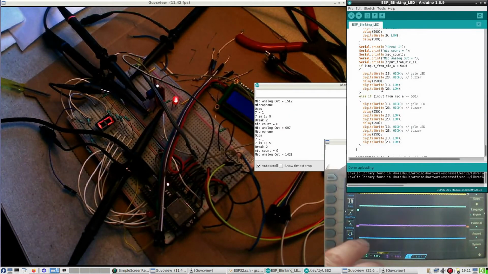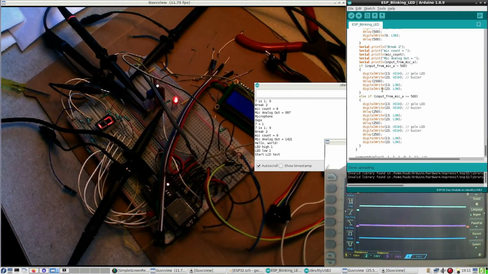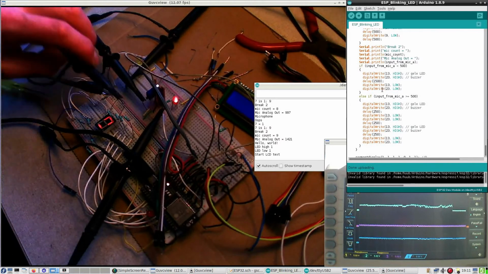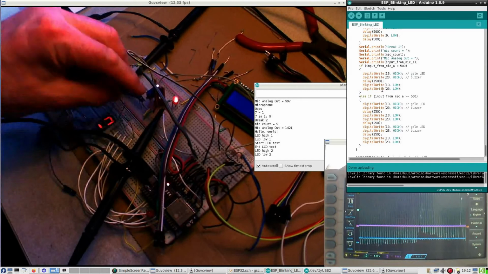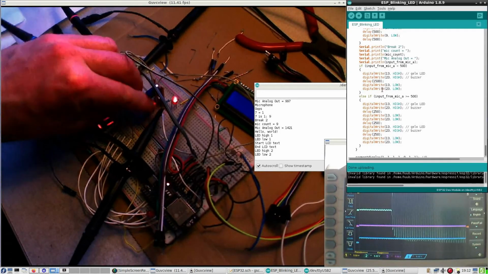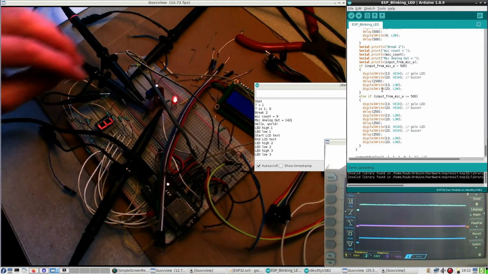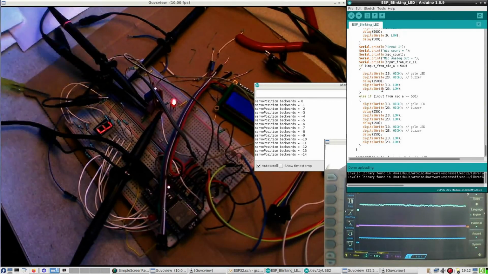Purple probe, this one, shows nothing. Light blue one does show things. Well, that is if it is connected, like now. So that means that there is apparently no analog output at all.